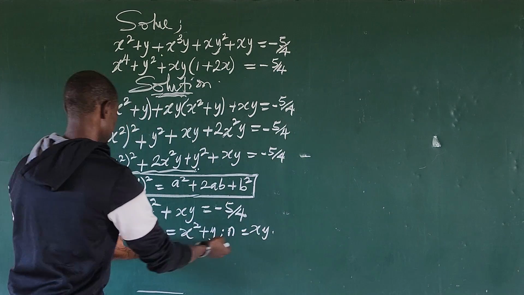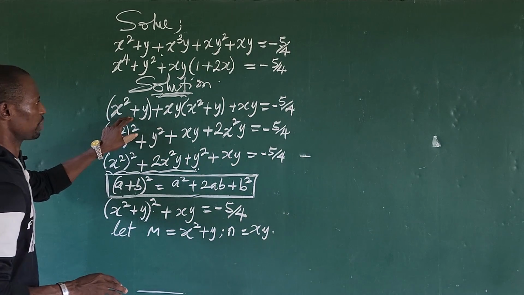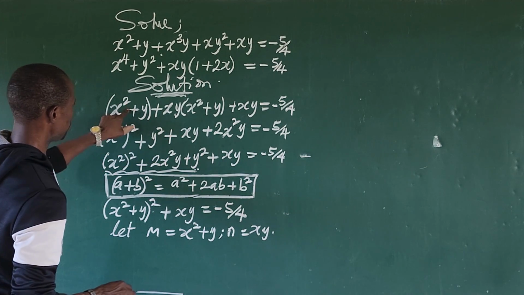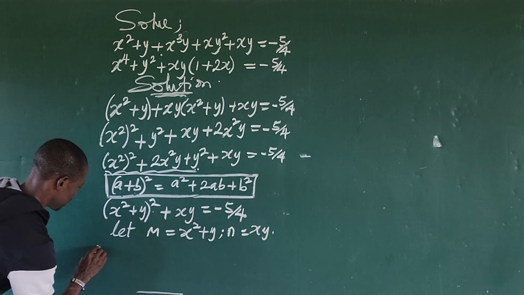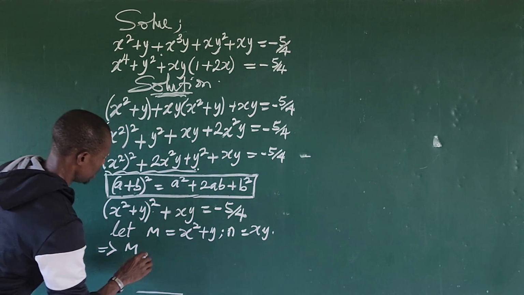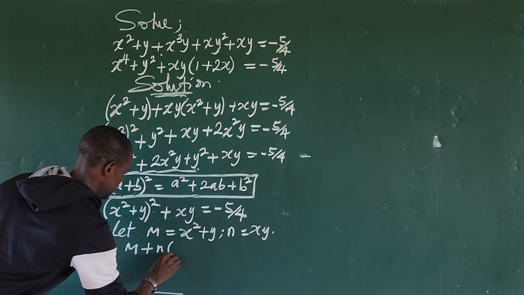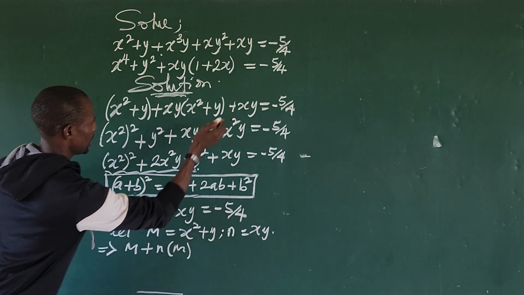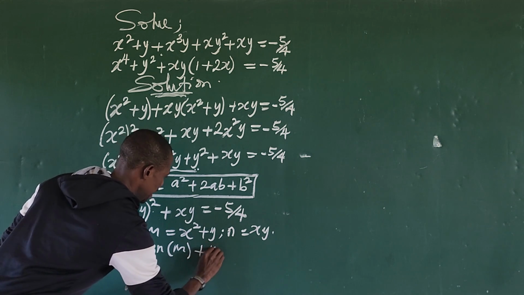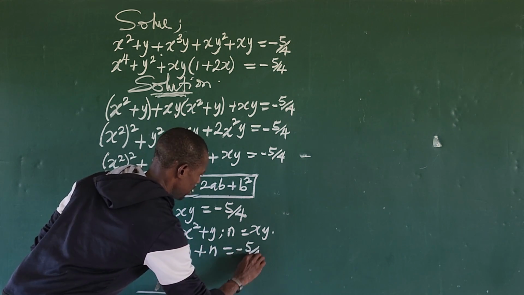So let's put these values into the first equation. Look at our first equation that we just established. Here we have x to the power of 2 plus y. So this now implies that we're going to have this to be m, plus here we're going to have n, then into m plus n. This is equal to minus 5 over 4.